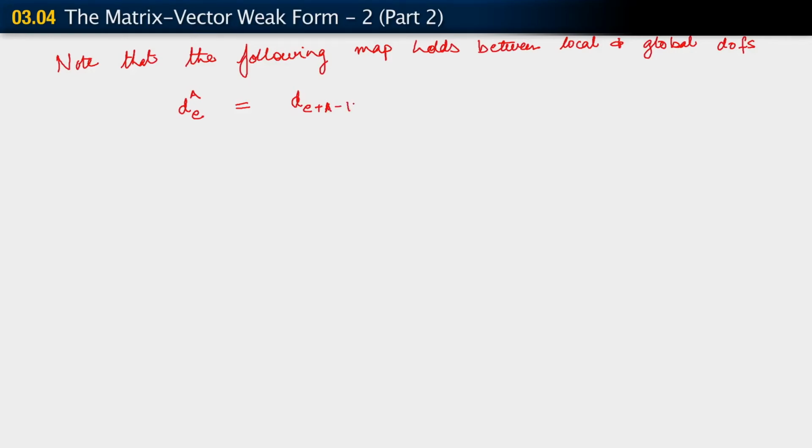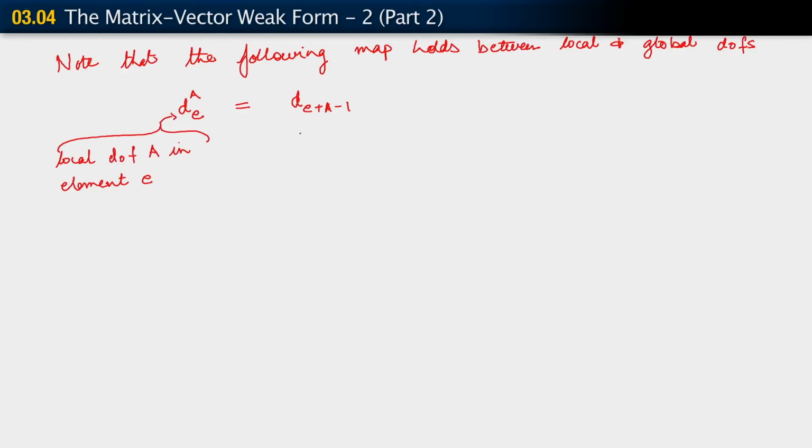Okay, so let me write out in words what this means. On the left hand side, I have local degree of freedom A in element number E. Okay, that's what this refers to.